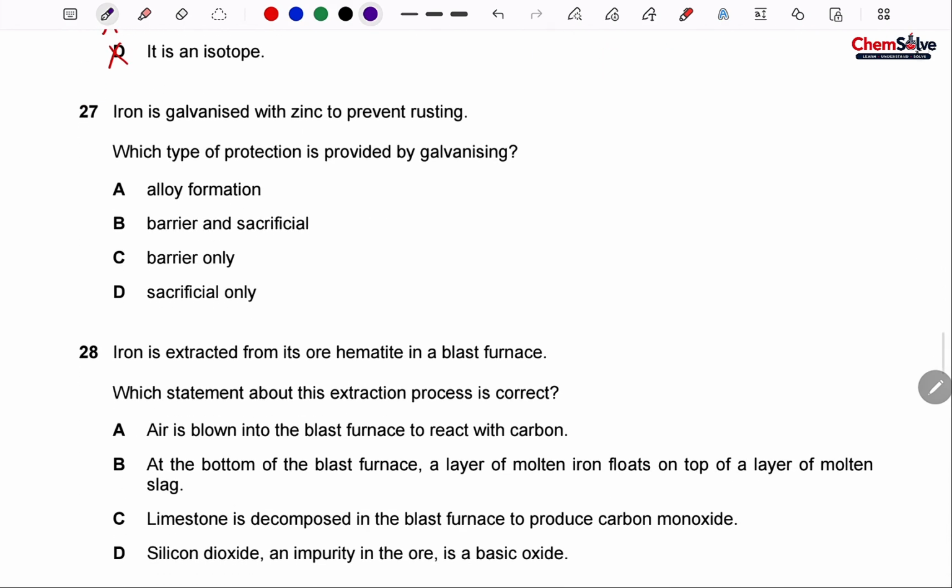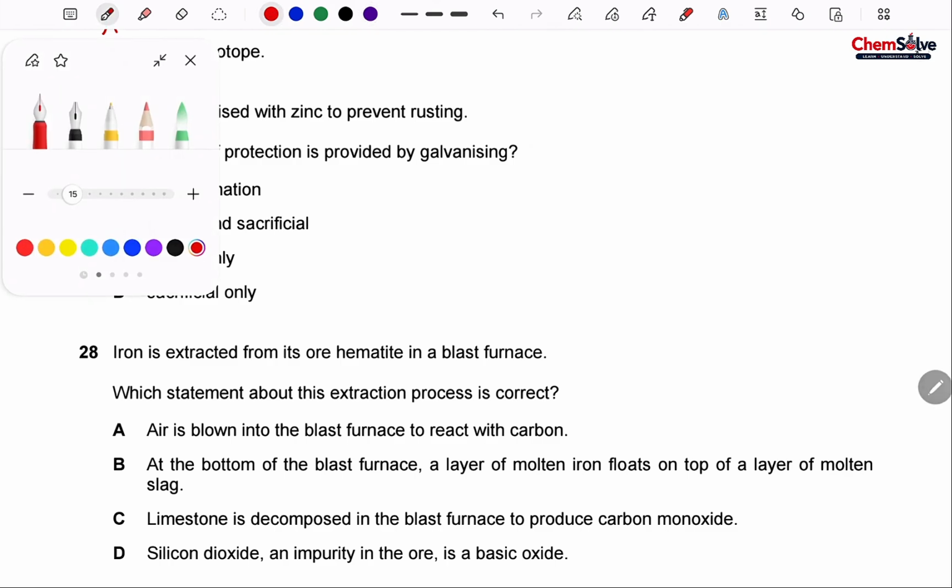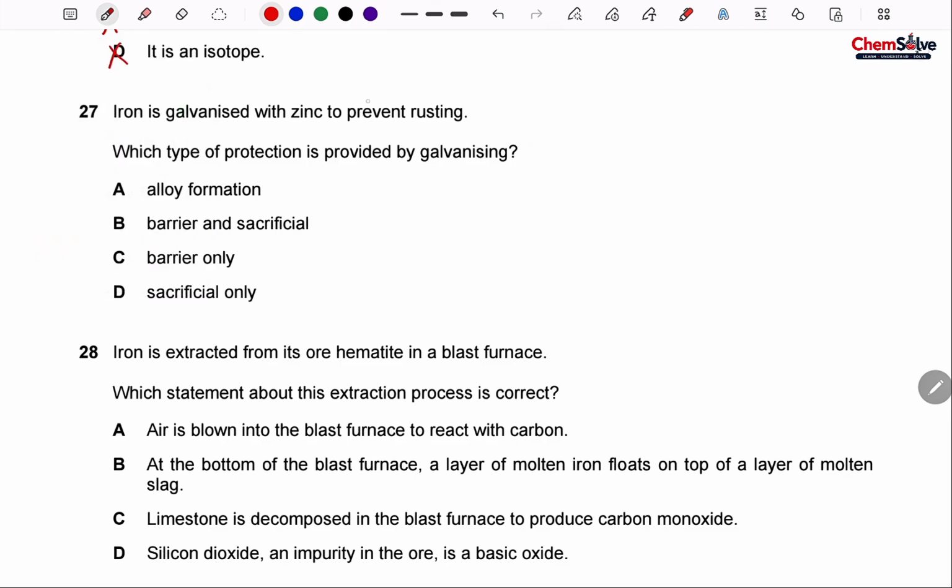Okay, 27. Iron is galvanized with zinc to prevent rusting. So what is galvanizing? Galvanizing is a process in which we form a barrier, and also sacrificial protection.